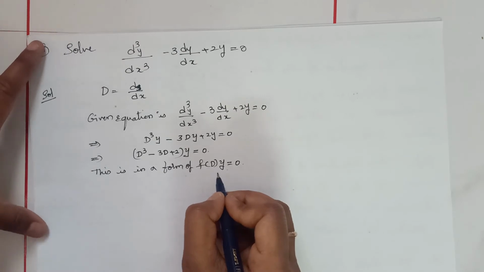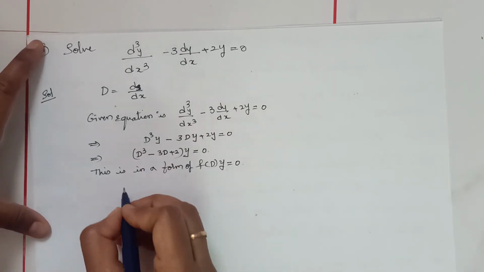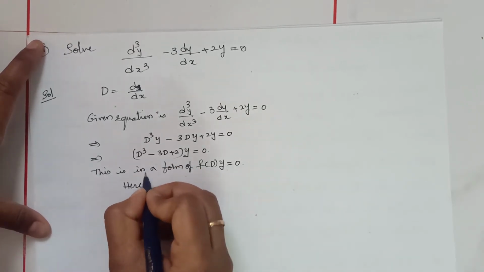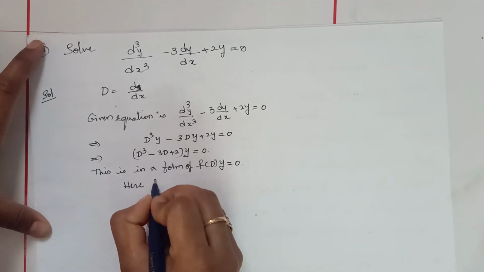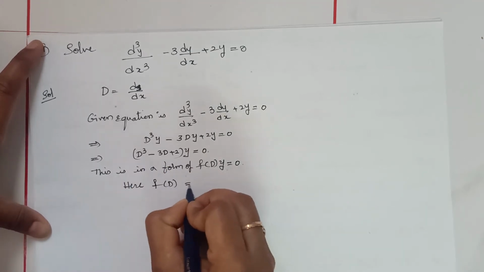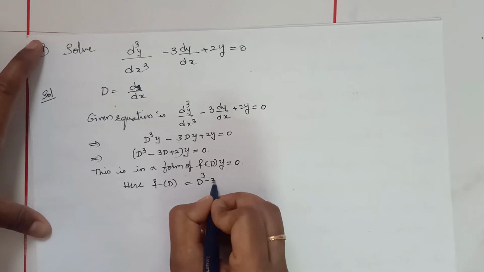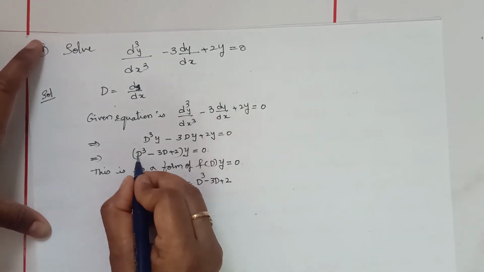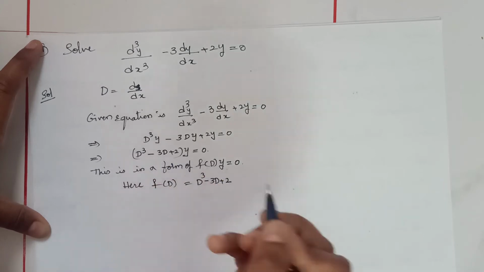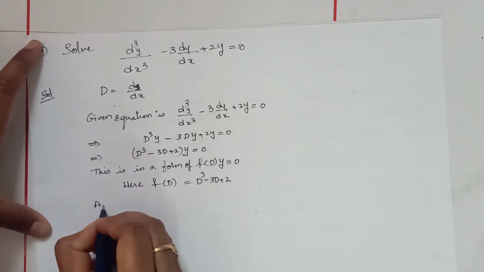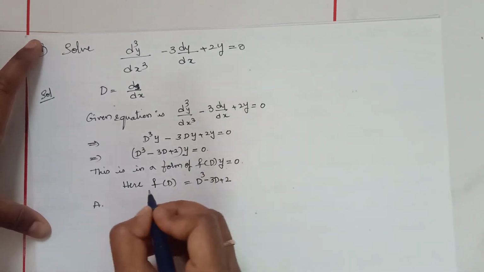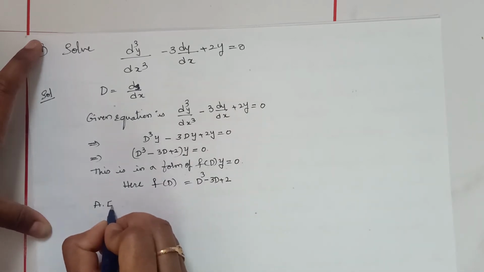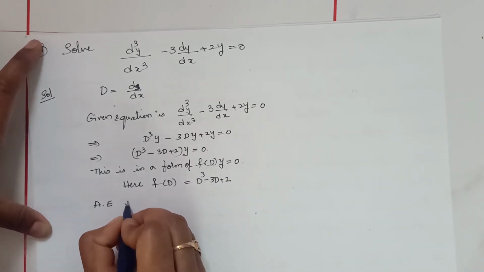Now we'll find the solution to this equation. Here, what is f(D)? f(D) is D^3 - 3D + 2. Now to get the solution to this equation, first we must write the auxiliary equation.